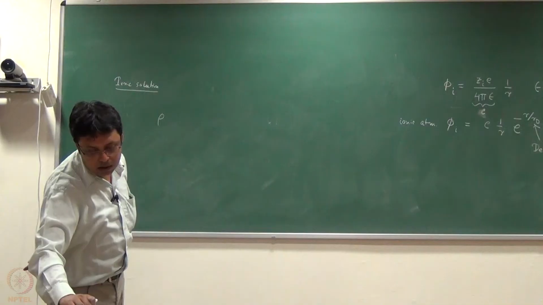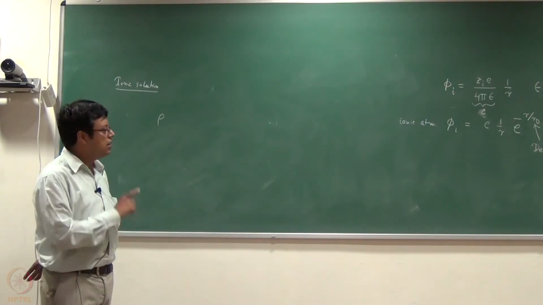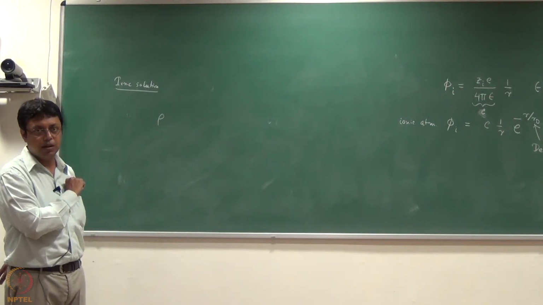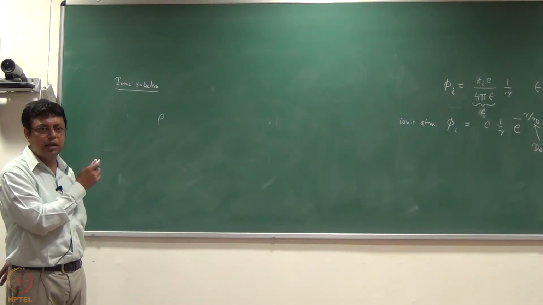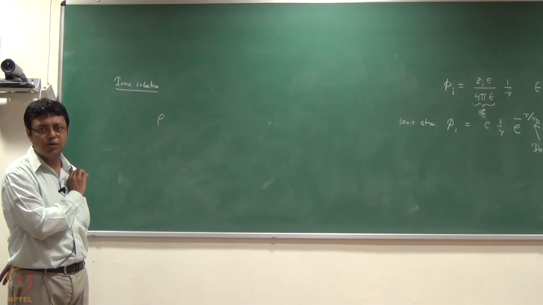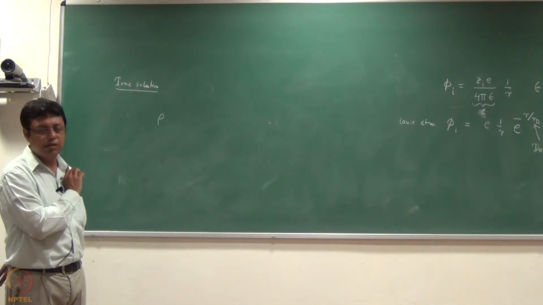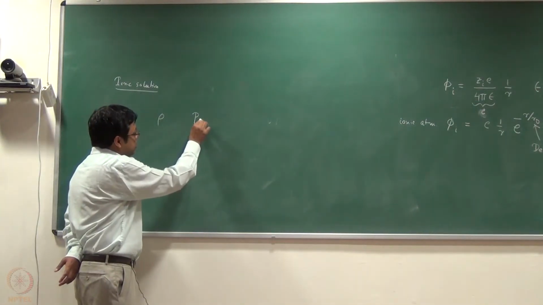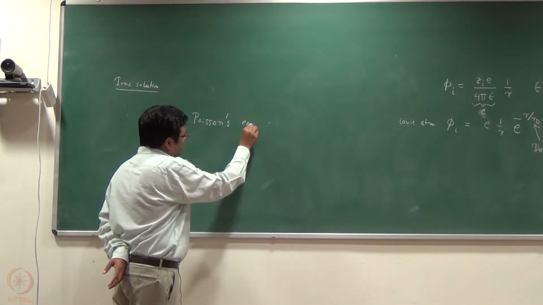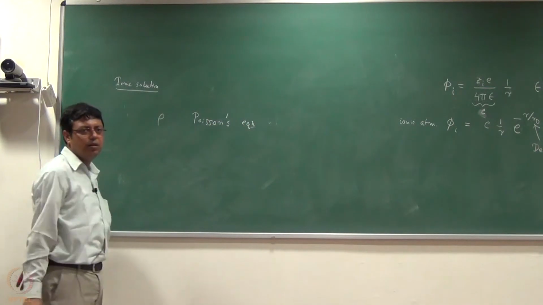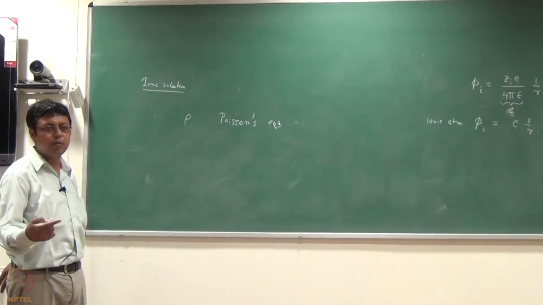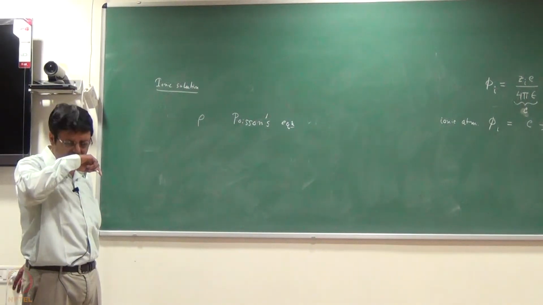Now basically there is a relationship between that potential and the charge density. This is a standard relation, known as the Poisson relation. There are many Poisson equations, probably one for diffusion also.